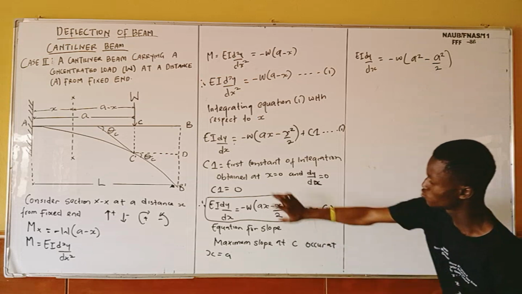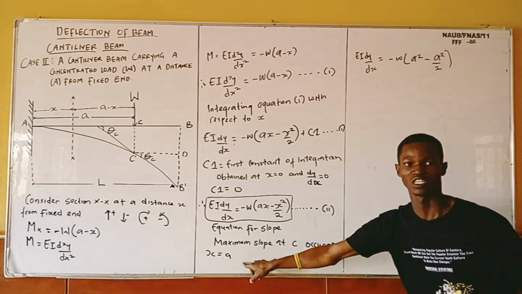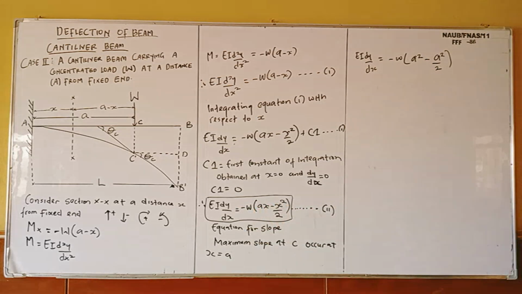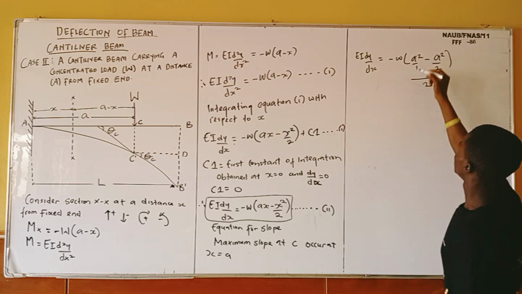Don't forget that I've turned this equation into this one when x is equal to a at point C. I hope you understand to this level. What we are going to do next is to find the LCM of this one. By finding the LCM, we are going to have 2 here, don't forget. So 1.